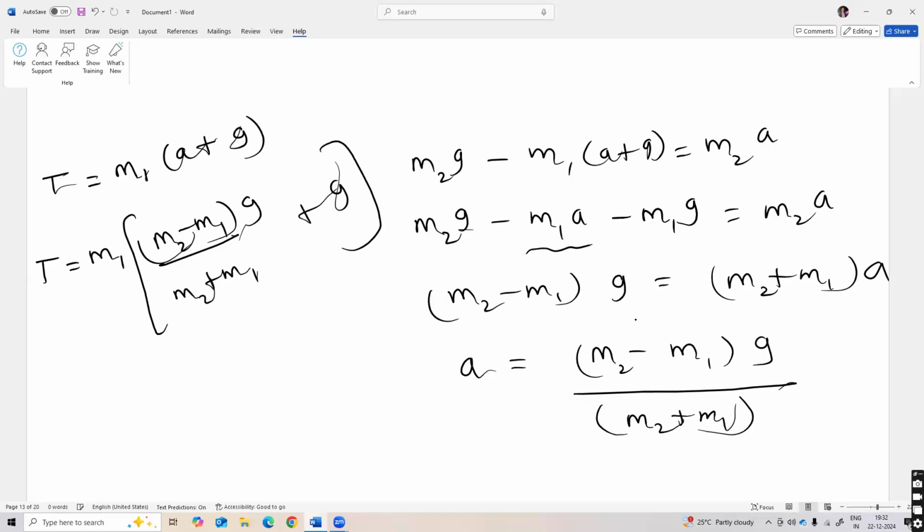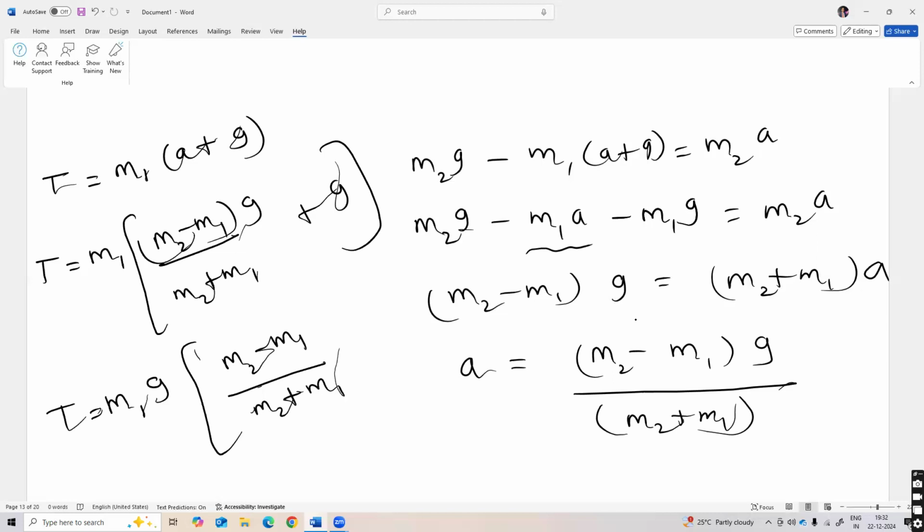So we'll take G as common. So what we got is T is equal to M1G into ((M2 minus M1) upon (M2 plus M1) plus 1).